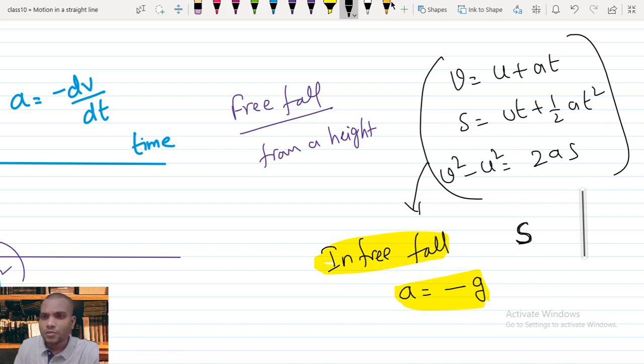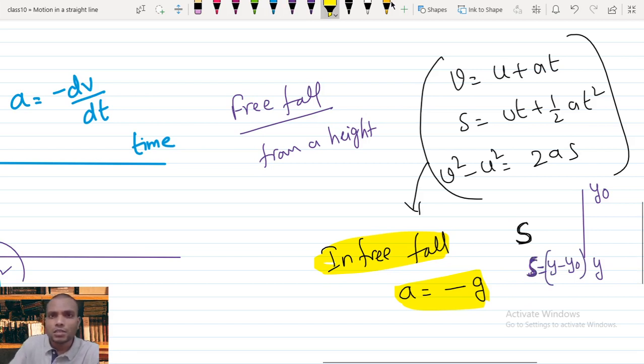If we take the position along the y-axis as y and the other position as y naught, we define displacement as s equals y minus y naught. So this is one change we will make in the free fall condition.